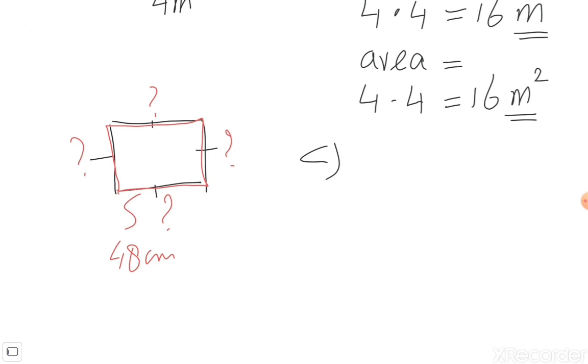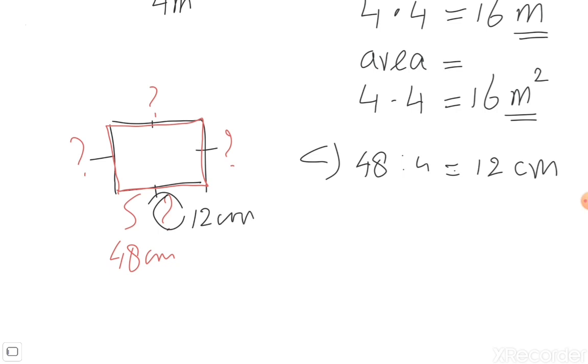So step number 1 is to know what each length is. So if we do 48 divided by 4, you get 12 centimeters. 12 plus 12 plus 12 plus 12 is 48 centimeters. So now we know that the question mark is 12 centimeters.